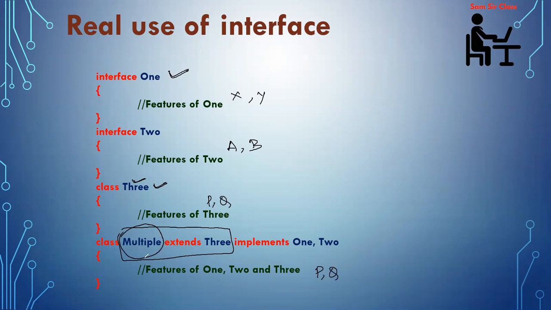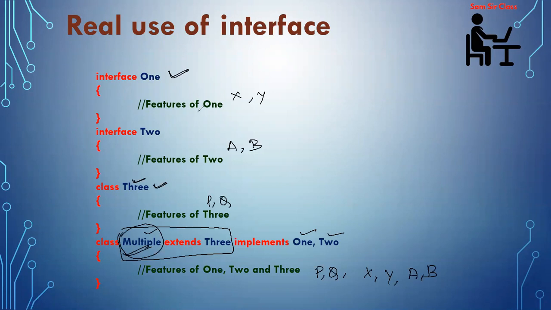Okay, and also you have been given the concept of multiple inheritance. That means one class can implement more than one interface. So it will implement one interface, two interfaces. What will happen? The properties of all the interfaces will come to a single class. So by writing multiple interfaces, you are allowing the class to extend another class.